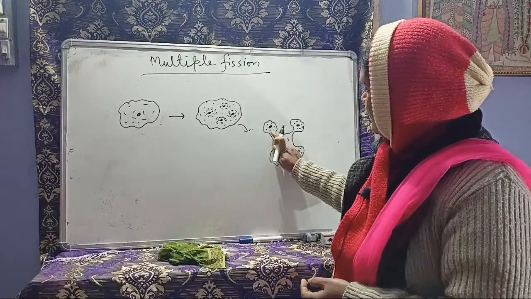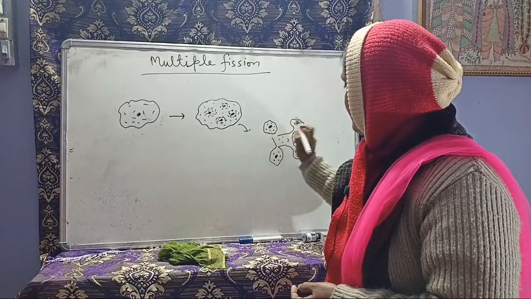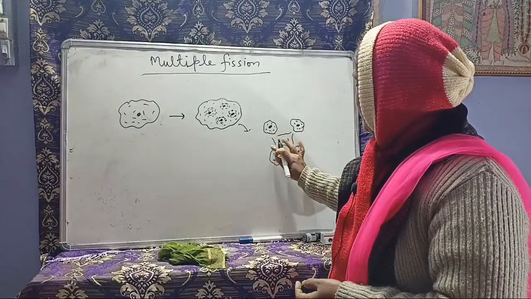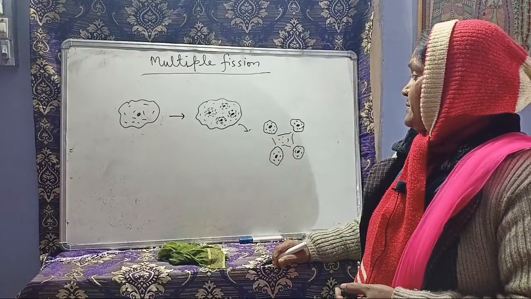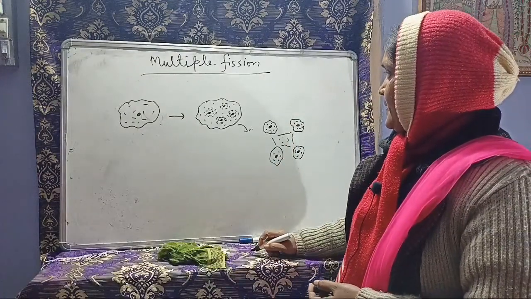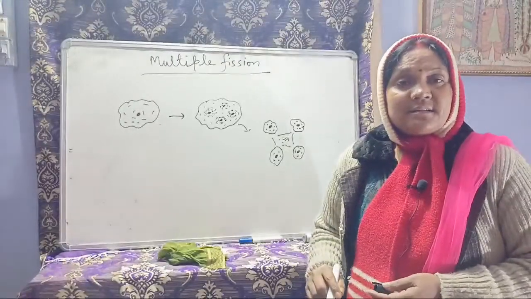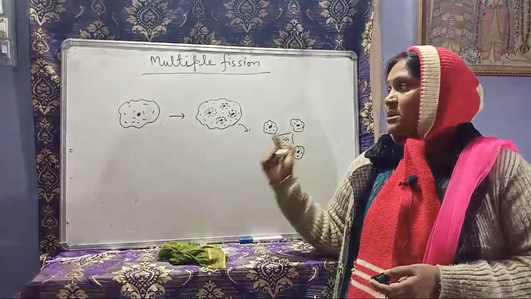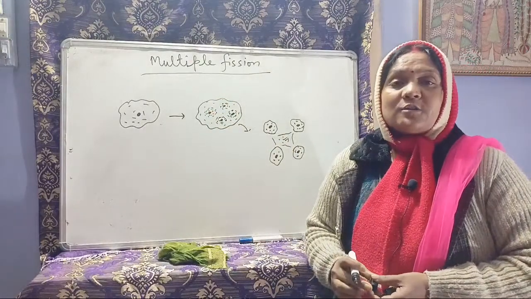This invagination produces many daughters, but loss of parental materials takes place here. Due to this reason, multiple fission performing organisms are not called immortal.